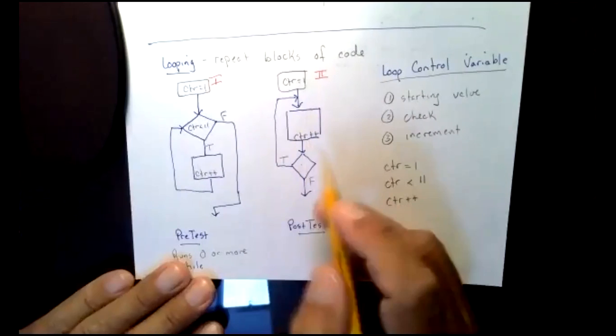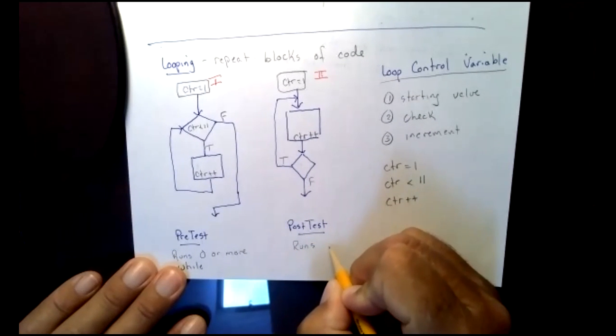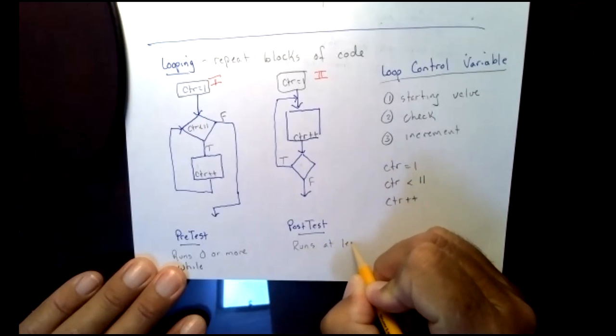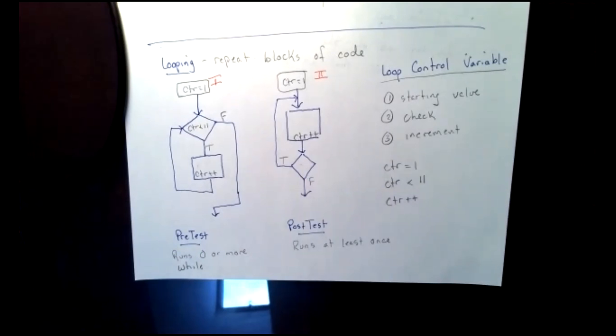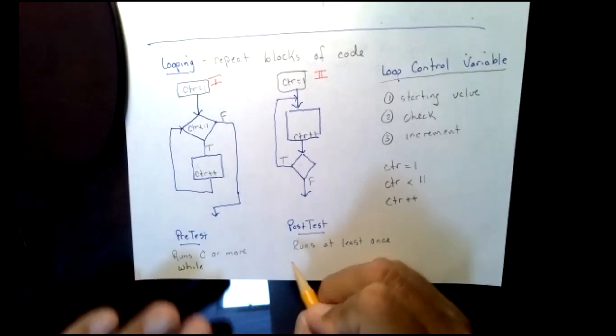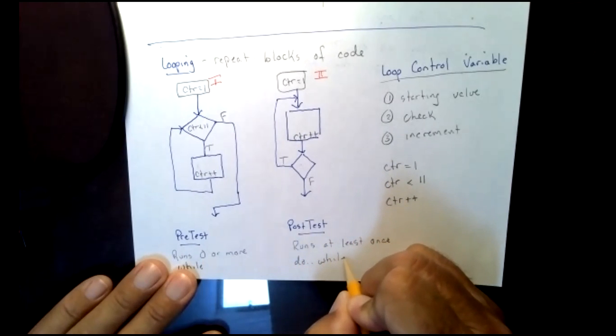Right, so this guy actually runs 1 or more times. So runs at least once. And you're going to see uses why this type of loop works better than the pretest, because we do want it to run at least once. This guy is called the do while.